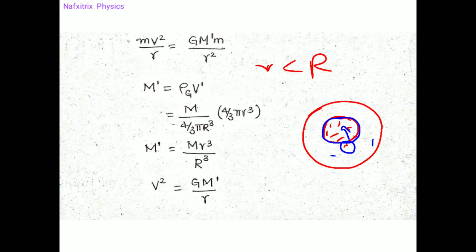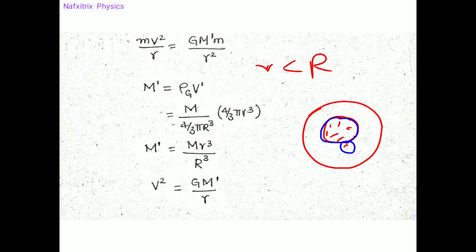Similarly, the only difference is that here the body is replaced with a star, and the earth's surface is replaced with that of the galaxy. So only this mass contributes to the gravitational force. Now we need to see the gravitational force because of this mass, that is, we need to find out what is the mass that is attracting.